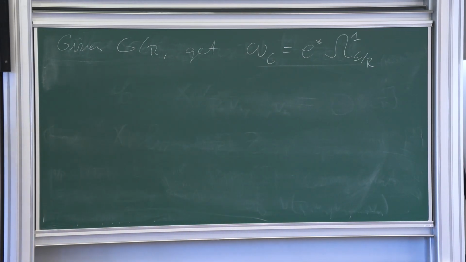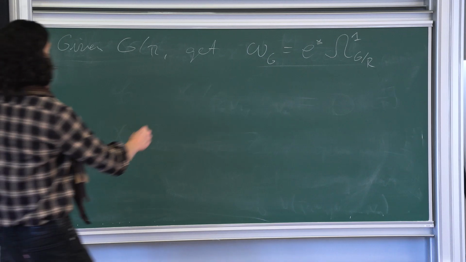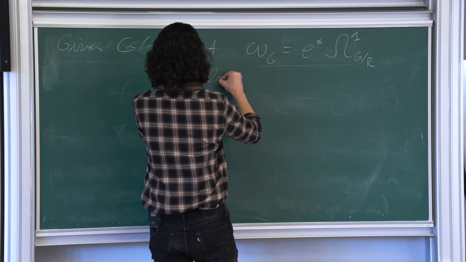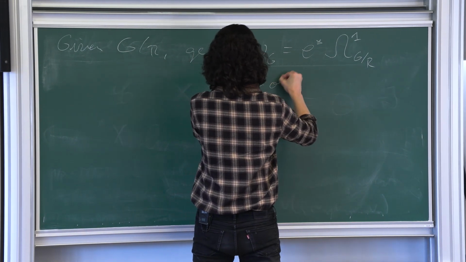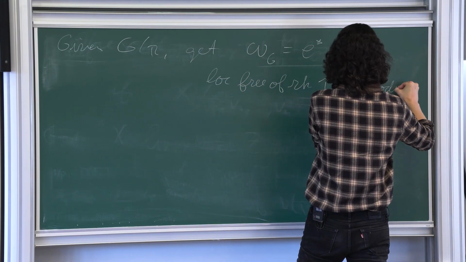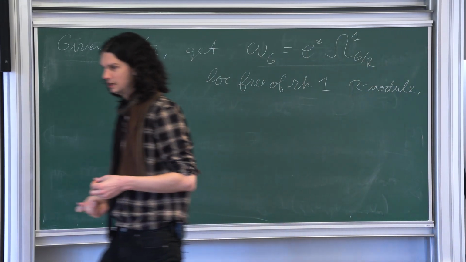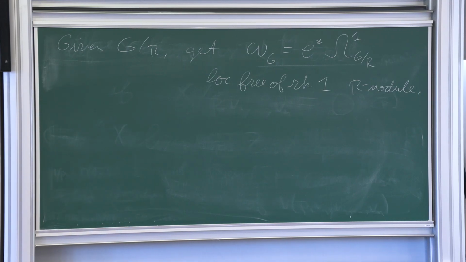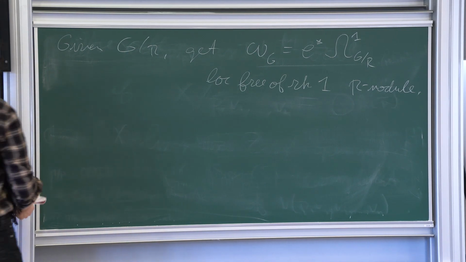So this is the cotangent space to the identity for the group structure. This is a locally free rank 1 R-module. But we also get something else: these p, v1, up to vn.